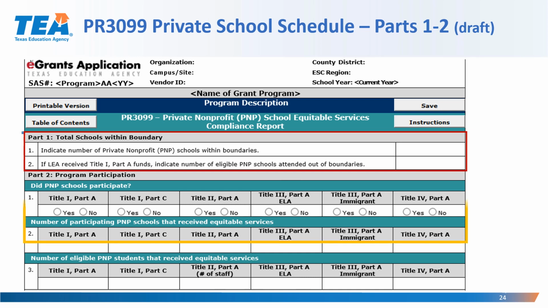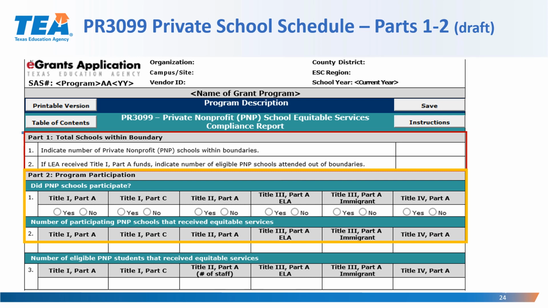Part 2, the LEA will complete if the private school participated in any of the programs and the number of participating schools that actually receive services per program.